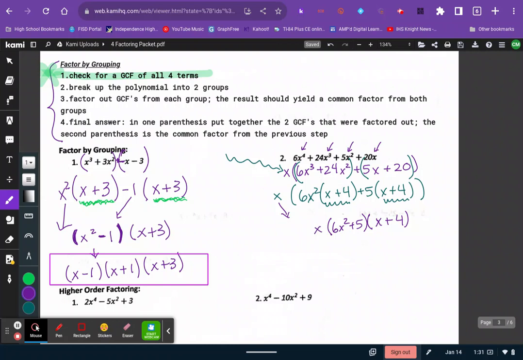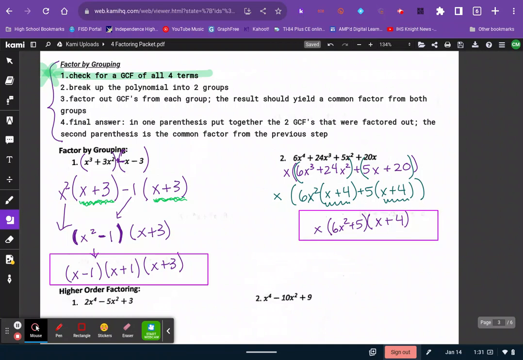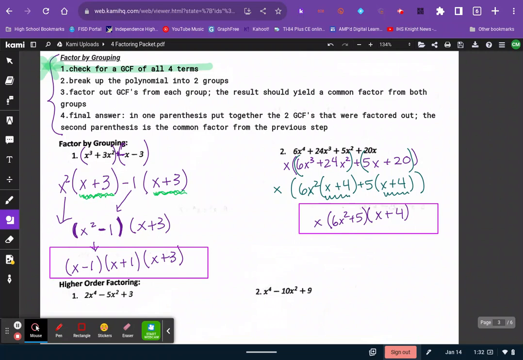Now carefully look into each set of parentheses and make sure that we haven't left anything in common inside each set of parentheses. So before you put the box around your final answer, look inside each set of parentheses and make sure there's no coefficients in common and there's no variables in common at any spot. And if I want to check, then I can use FOIL and then distribute. So I would multiply to go backwards and check.